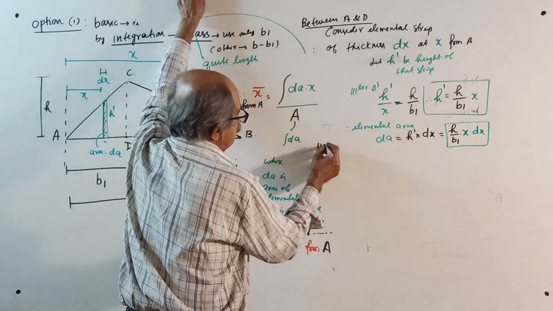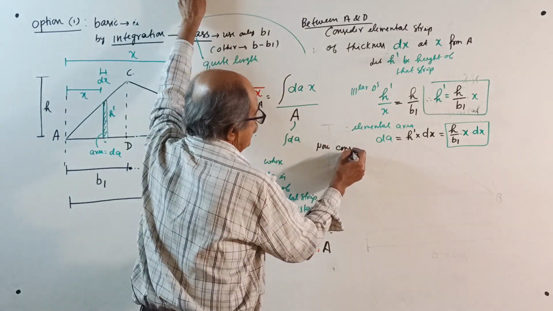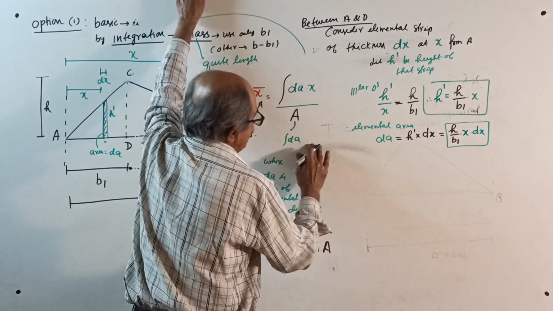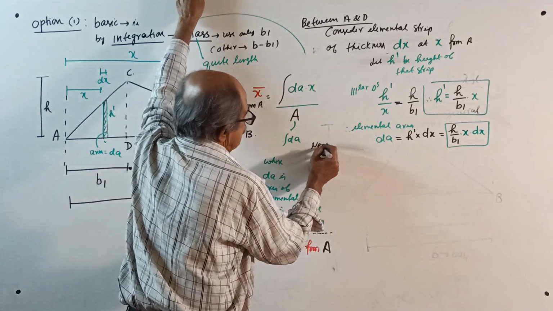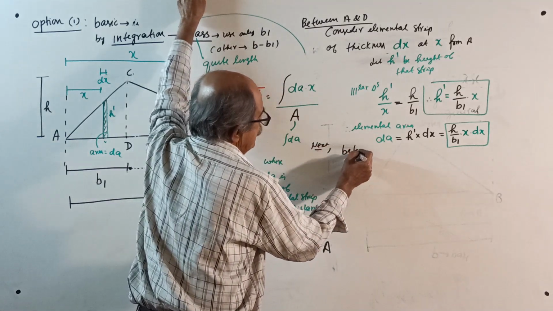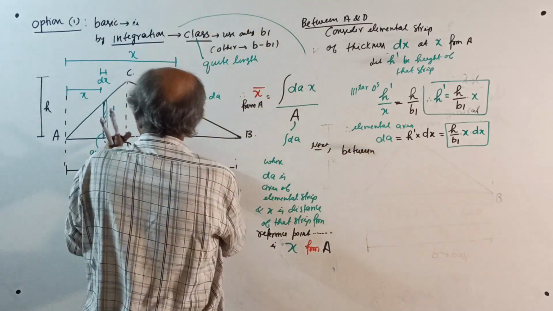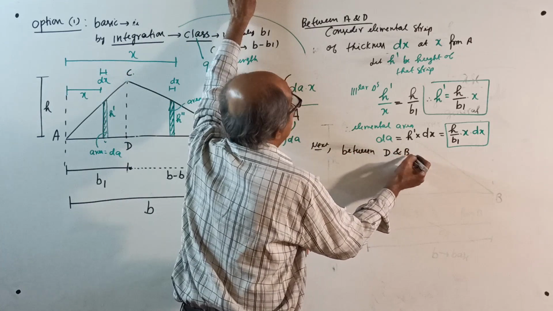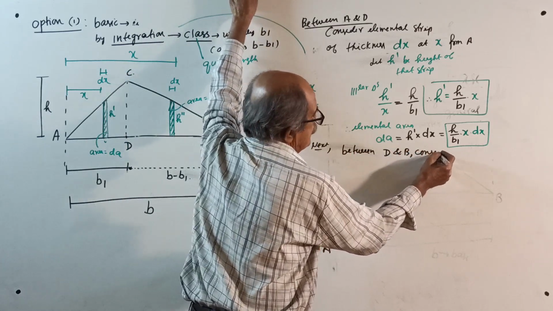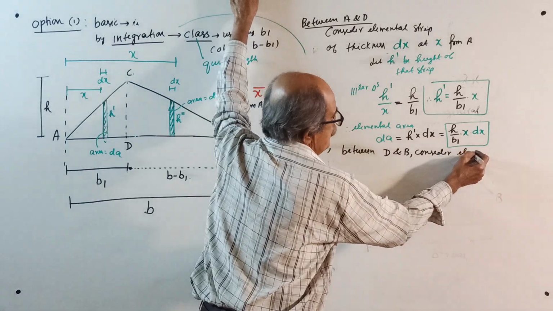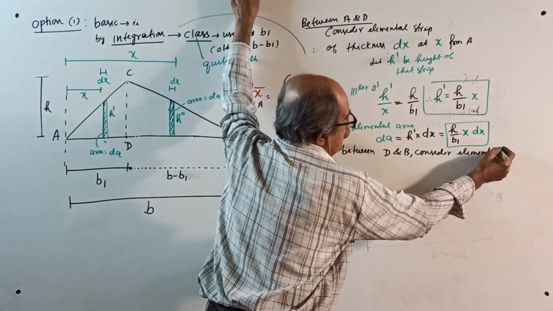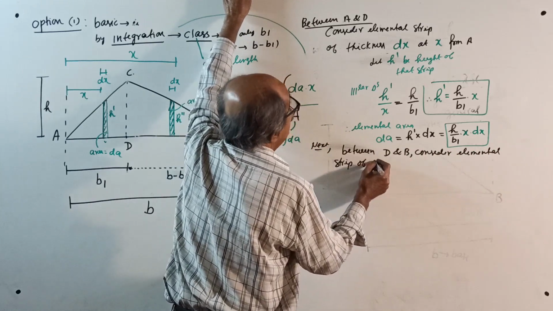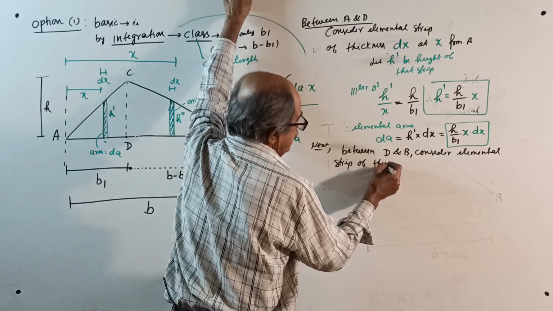Now, next, consider between D and B an elemental strip of thickness, once again dx only.